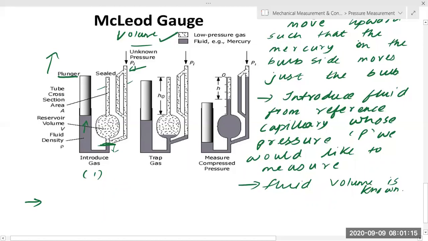Now when it enters the reference capillary, what you can see from here is that it will go to this side also, and it will try to occupy the volume on the measuring side and the bulb.